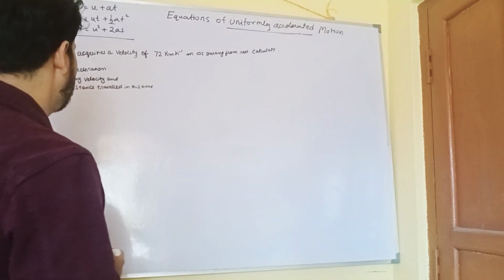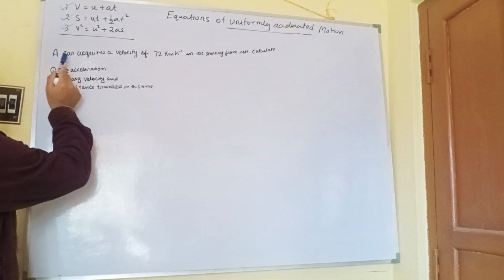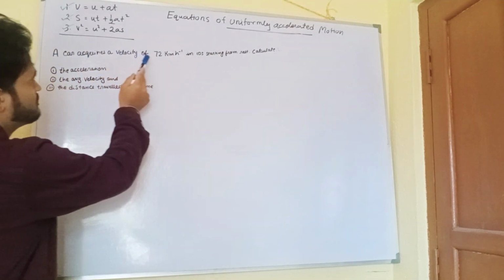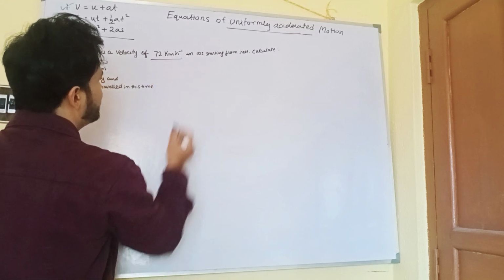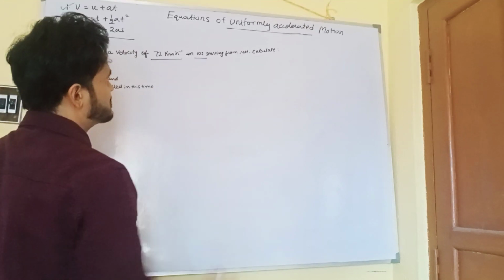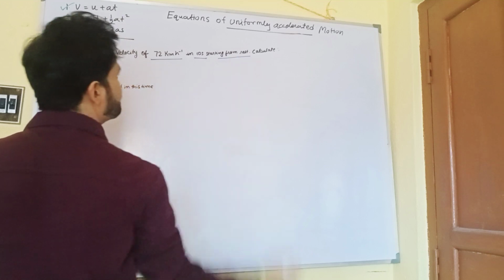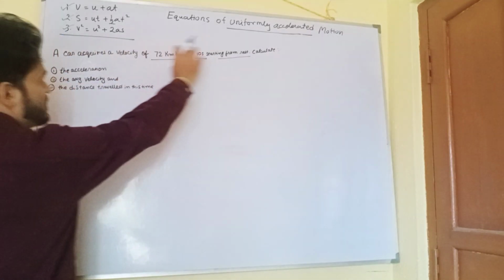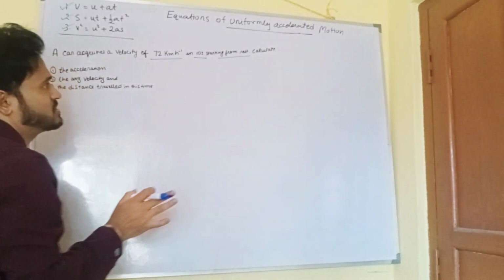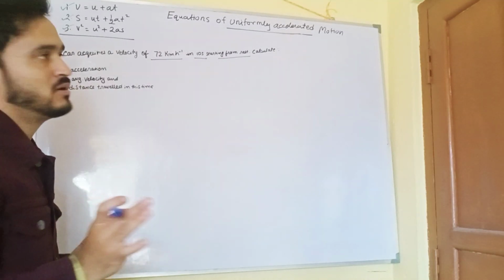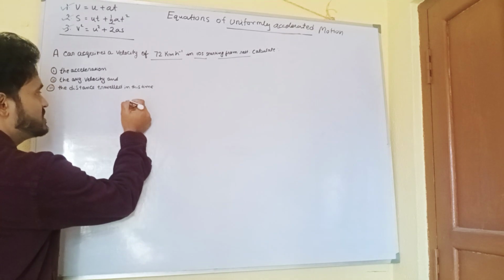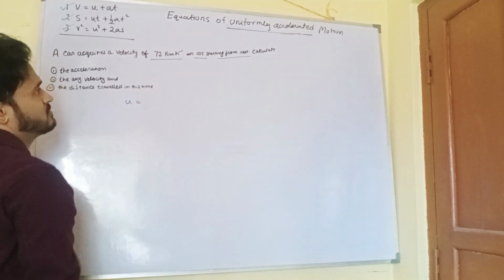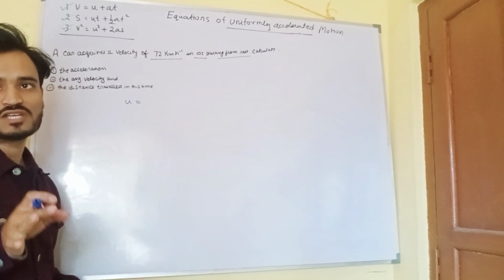So the problem is: a car acquires a velocity of 72 km per hour in 10 seconds starting from rest. From this statement, what information can we gather? Starting from rest means the initial velocity is 0.